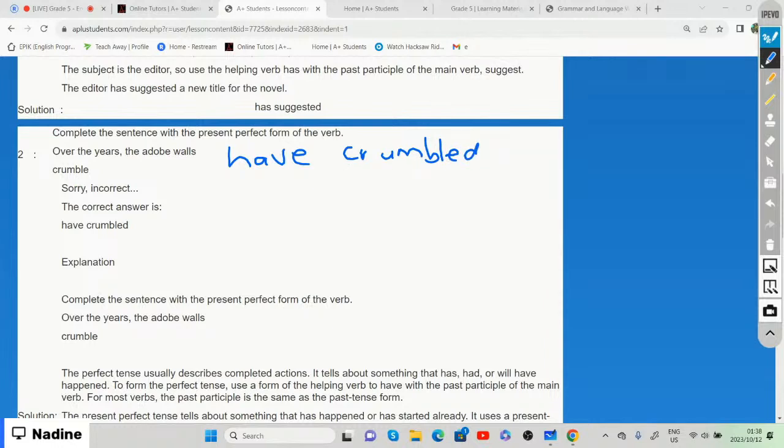So they have crumbled, right? Remember, we need to also add the helping verb, either has or have. So that is why we said this is the verb tenses. So the adobe walls either have or has crumbled.